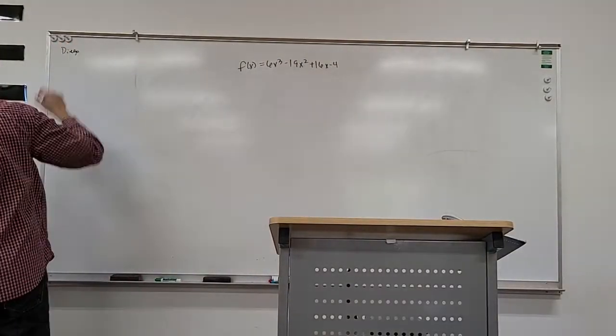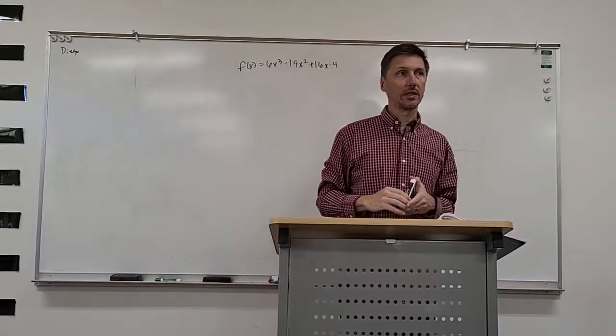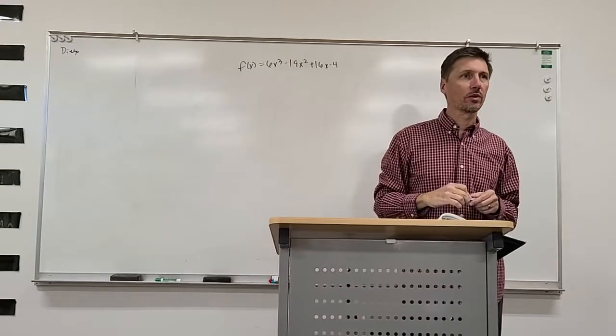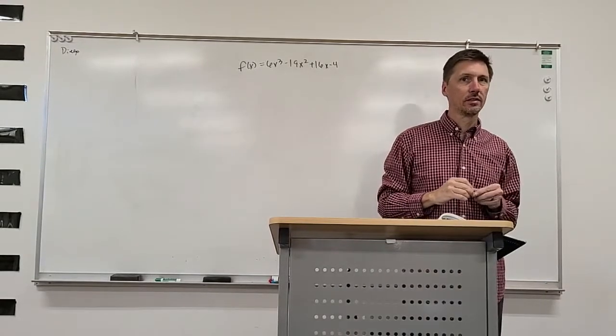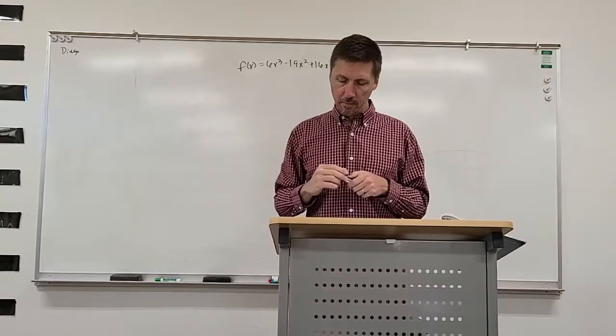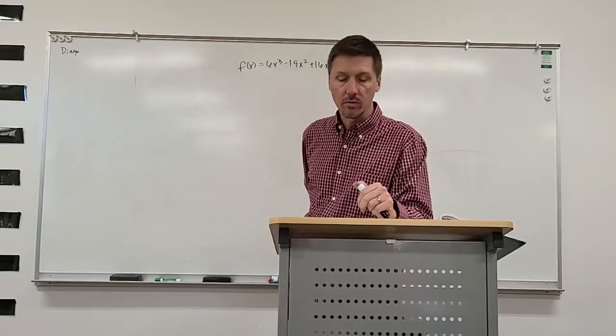So if you graph this on your graphing calculator, is there anything where it looks like it crosses the x-axis at an integer? Anybody get one? Or is your window too narrow? Do you see one?